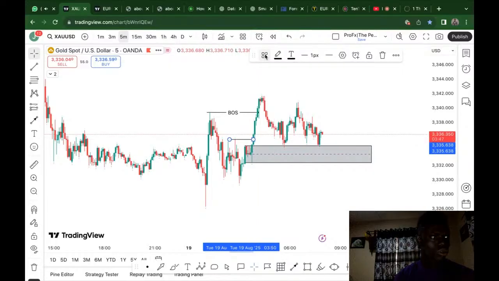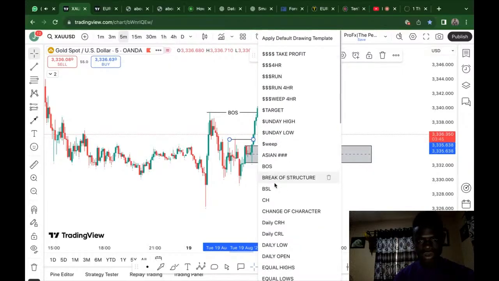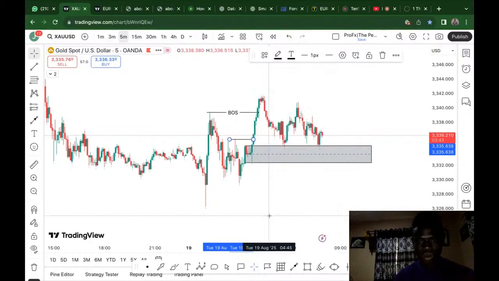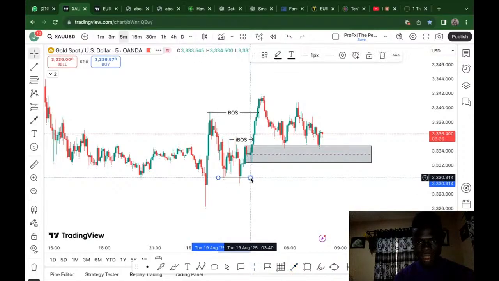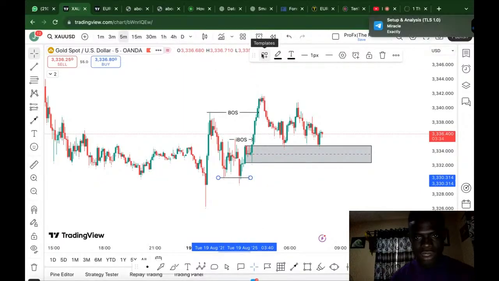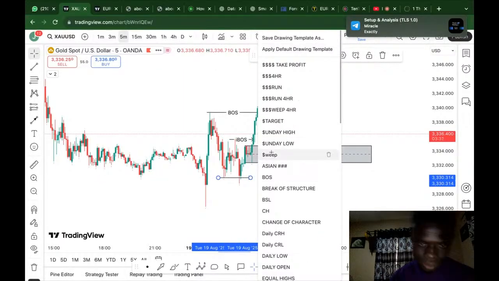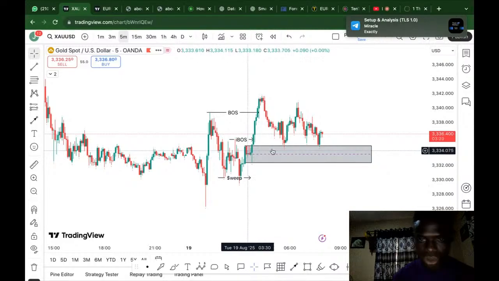Internal break of structure. The sweep. The same pattern is happening right here, and we are at this demand zone.